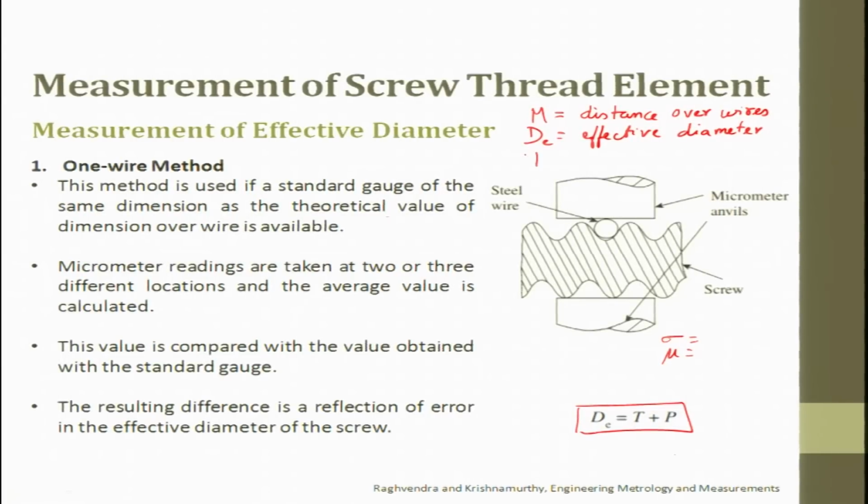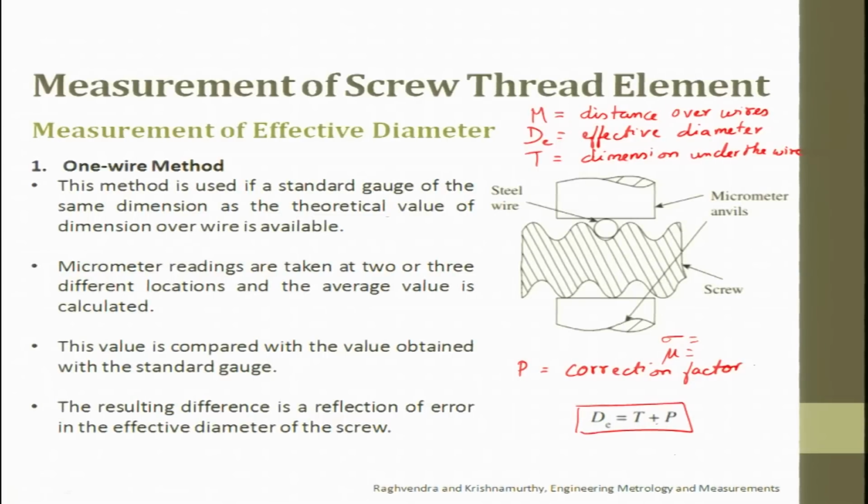T is the dimension under the wire, and P is the correction factor. So, we have to find out this P for various methods.